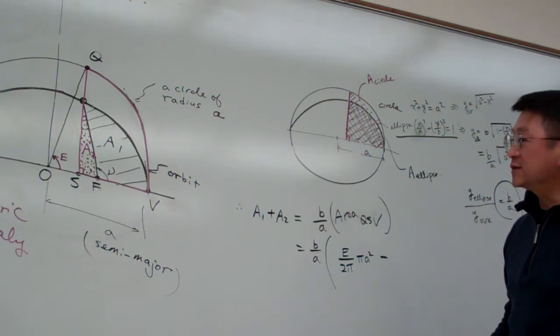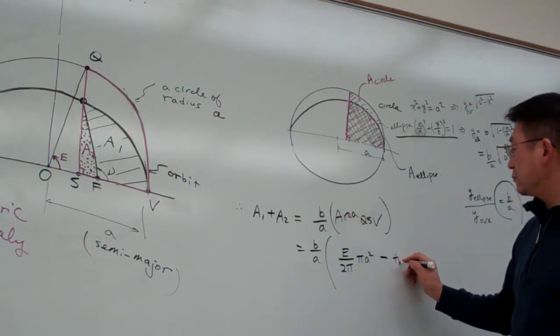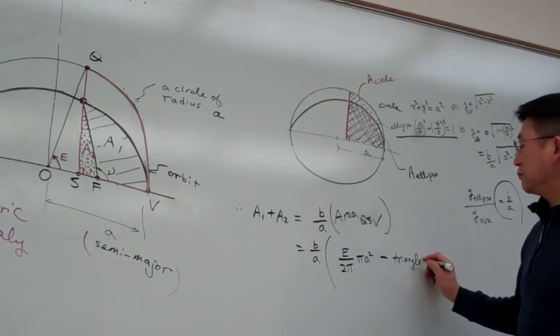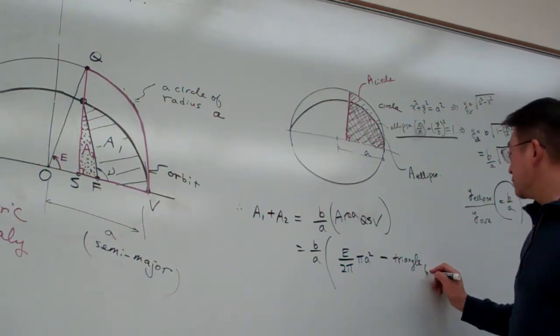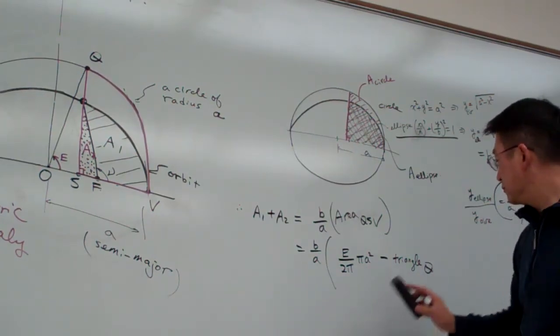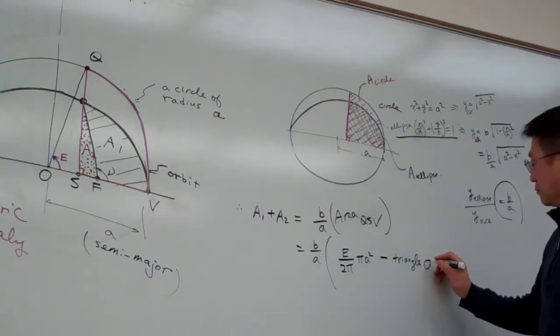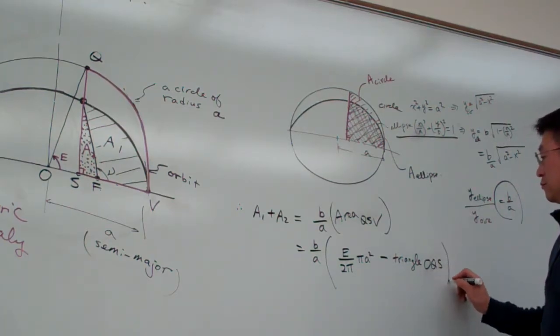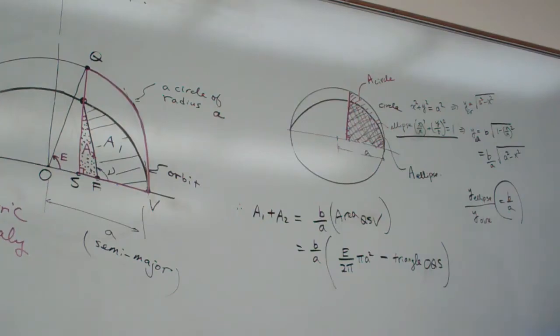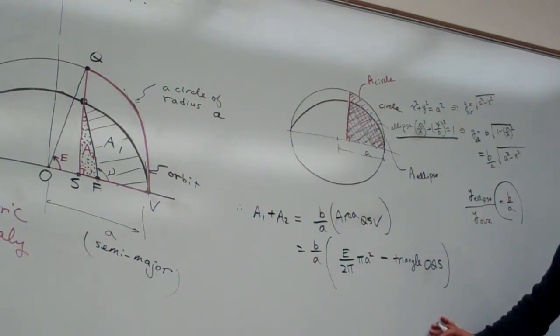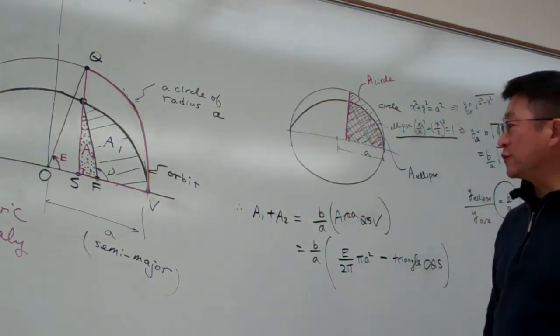And minus the triangle OQS. Are we okay? Any questions about this? It's okay, right? Okay. So here is totally pure geometry.